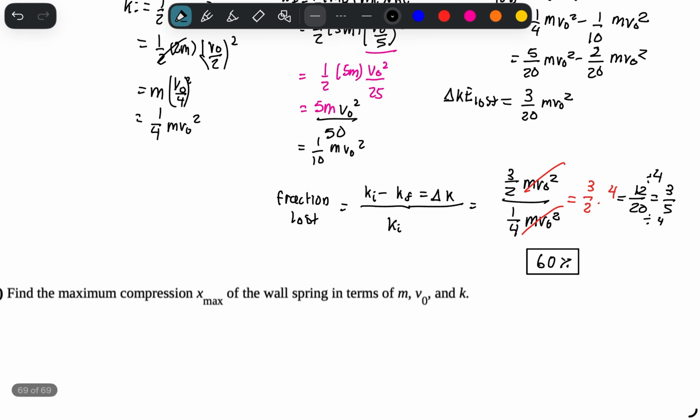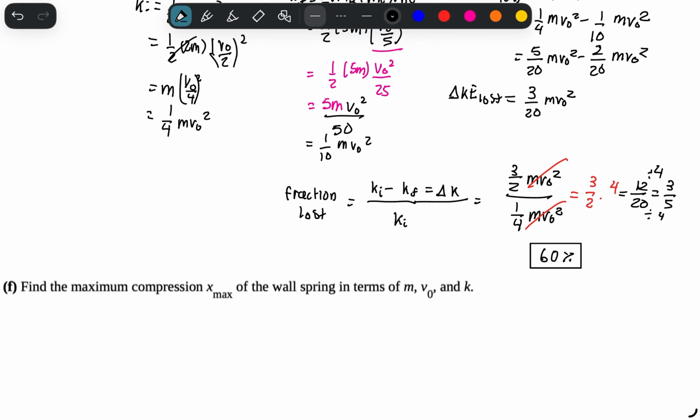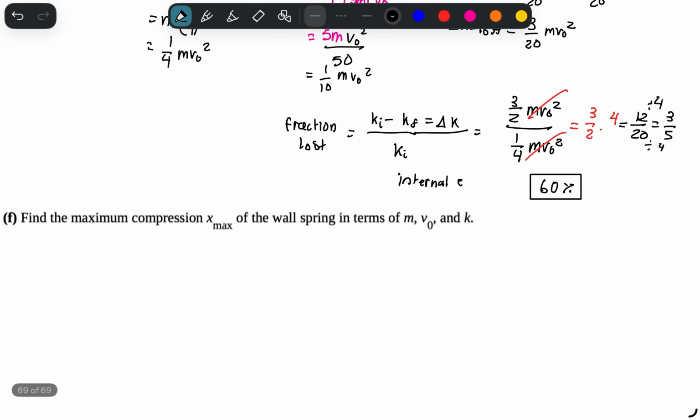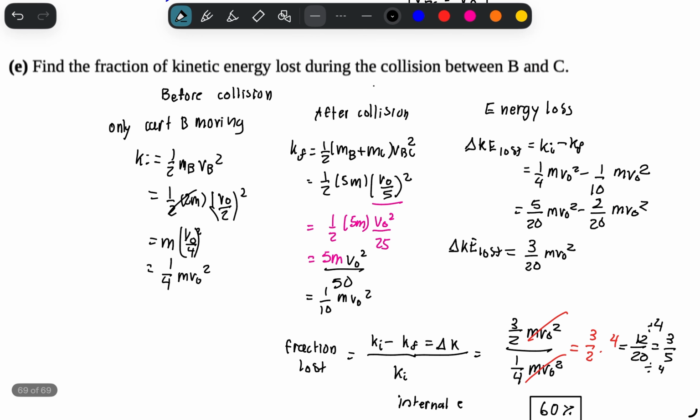And that kinetic energy is destroyed. It becomes thermal energy or sound or deformation. All of it becomes internal energy lost to another system. So what we saw here is momentum is conserved. Kinetic energy is not conserved.